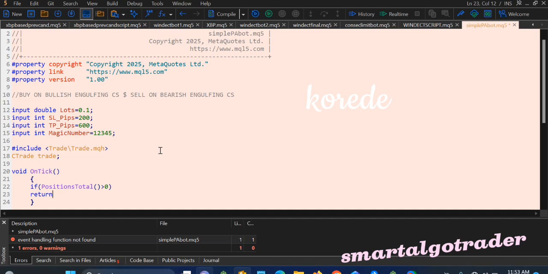That's very, very simple. Do you understand? So if the total position is greater than 0, just return. If you put it as 1, it means you want two positions. I hope you understand. So that is that.